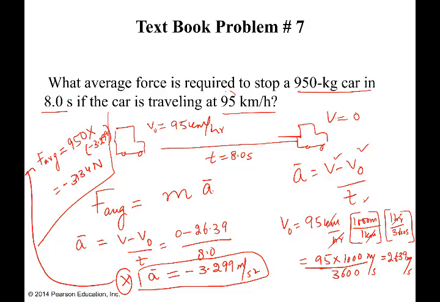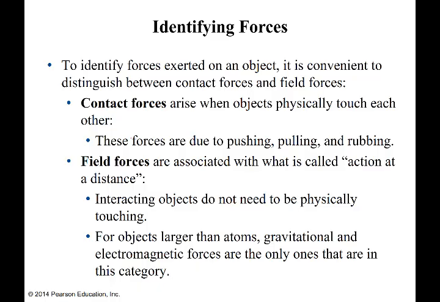But because our least sig fig is 95, we are going to limit the answer to 3100 newtons. Why 3100? Because if this was 3565, I would limit it to 3500. But since the quantity here is less than 5, we limit it to 3100. So that's the sig fig answer for the average force.